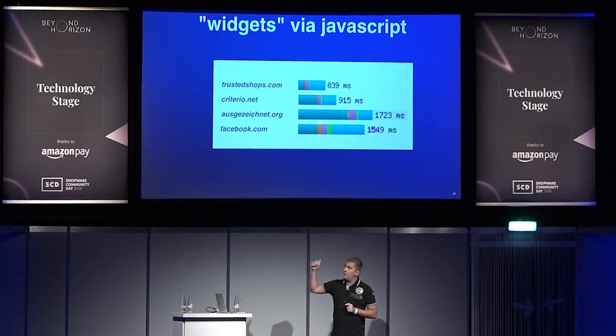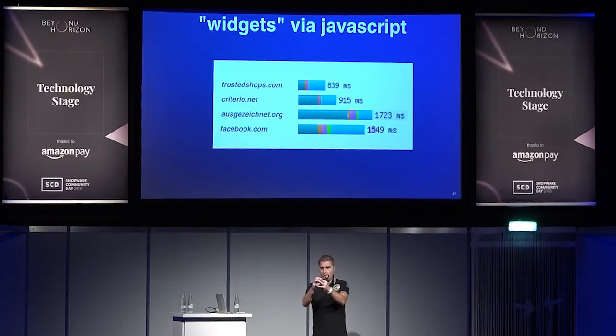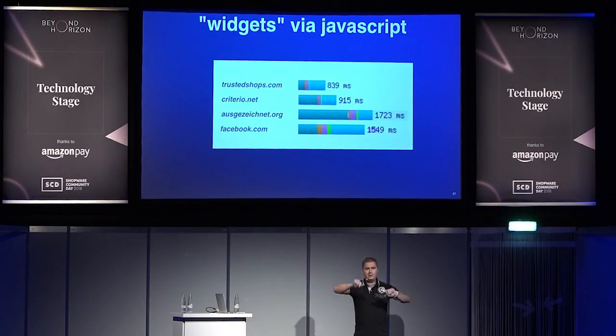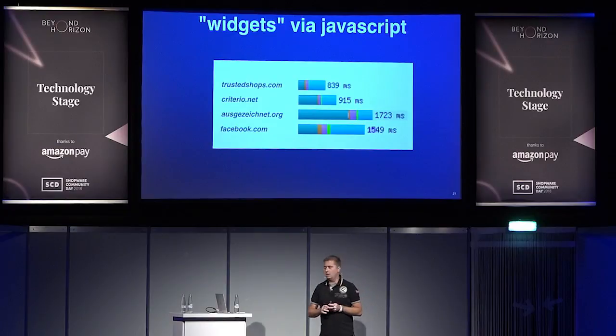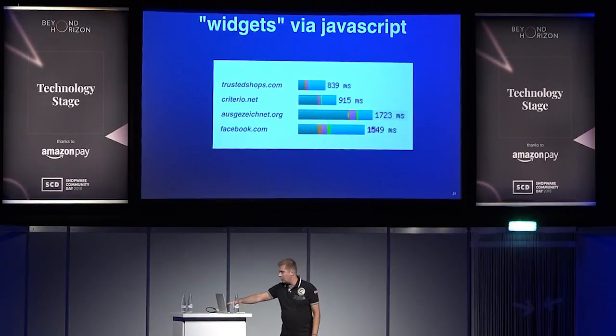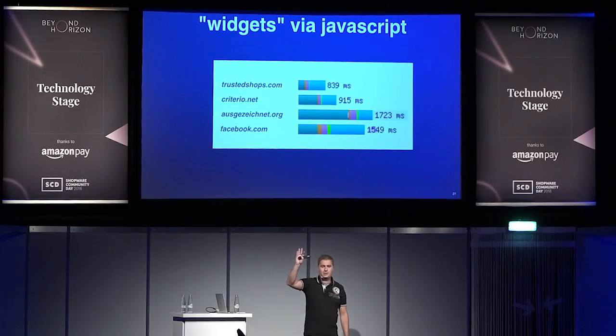And honestly, Facebook is not a perfect match in this list here, because Facebook actually does something, because it shows my friends of this page. But all the others will show exactly the same content regardless who of us visits this shop. So who of you has these JavaScript thingies for trusted shops or Criterio or ausgezeichnet?